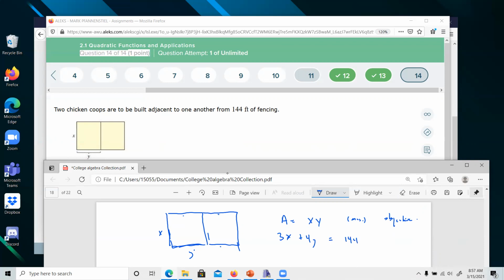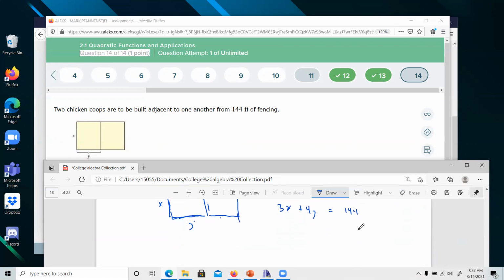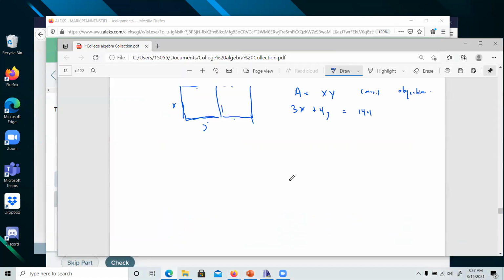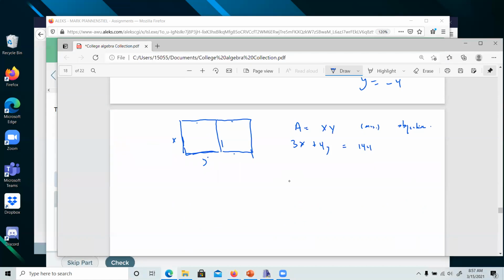Just like the last problem, where we have a is equal to x times y, but we have 3x plus 4y is equal to 144. So the idea here is we're going to solve for one variable and plug it into the other equation here.